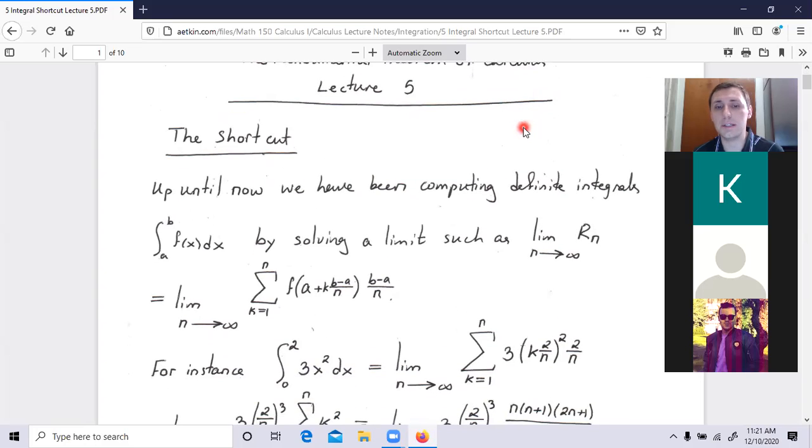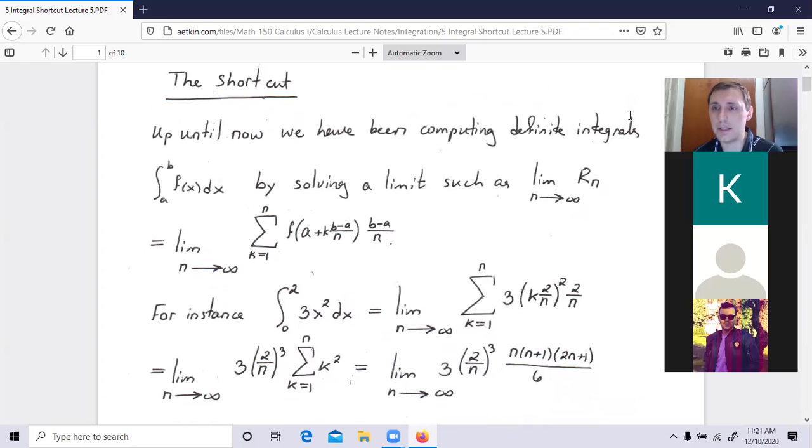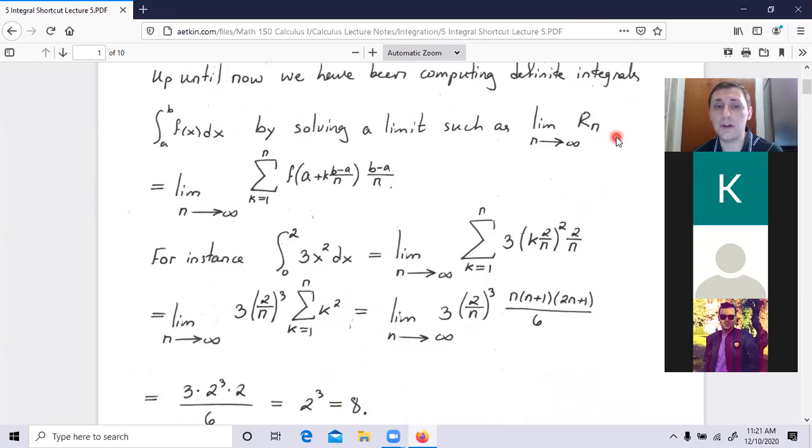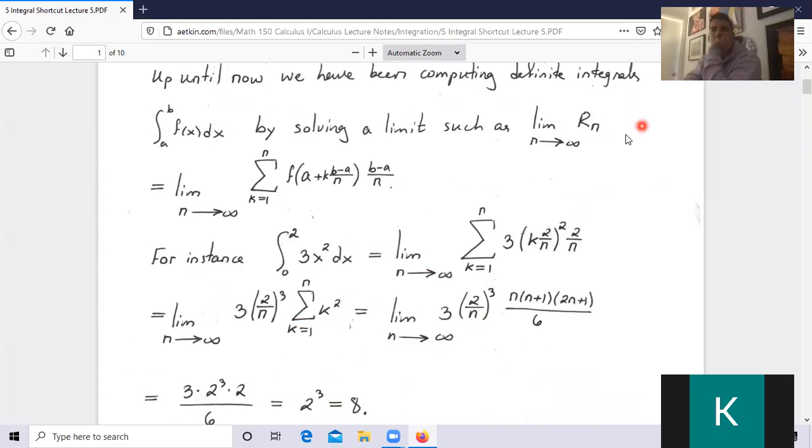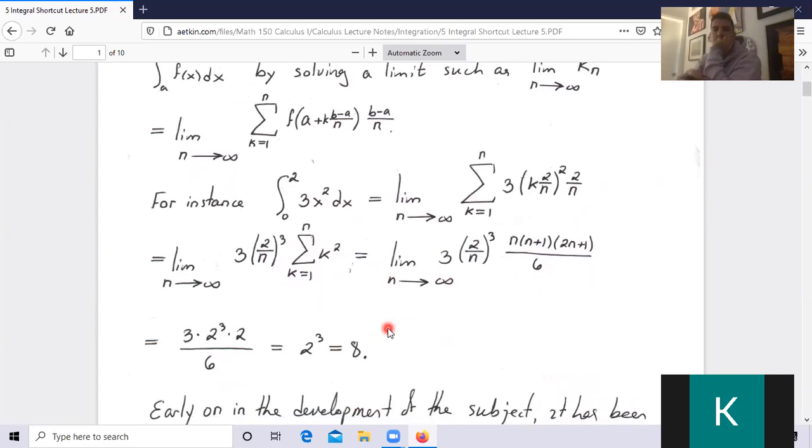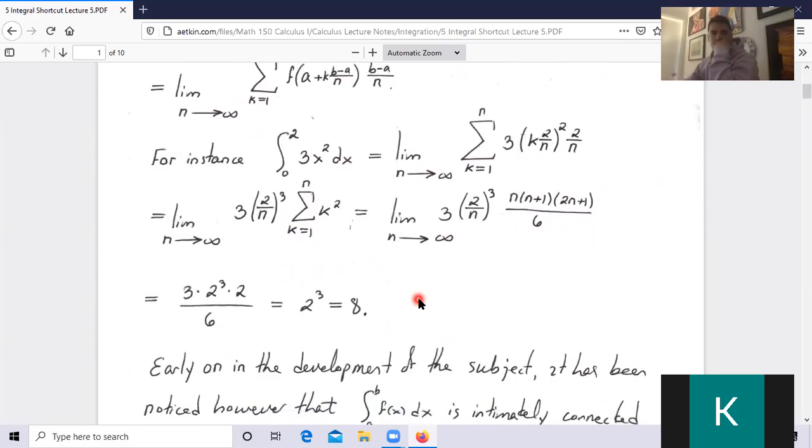So here is how we dealt with the problem up until now. We would take, let's say, a function like 3x squared, and what do we do with this function? We create, let's say, the right-hand method. We create lots of rectangles, take the limit as it goes to infinity, and we get our answer this way, right?